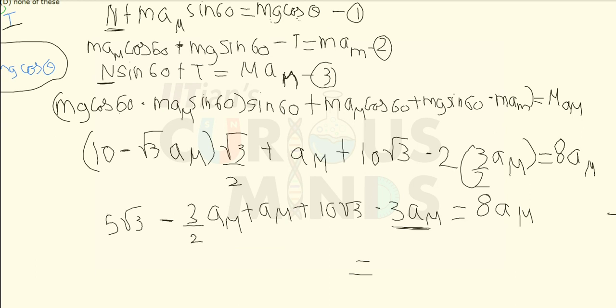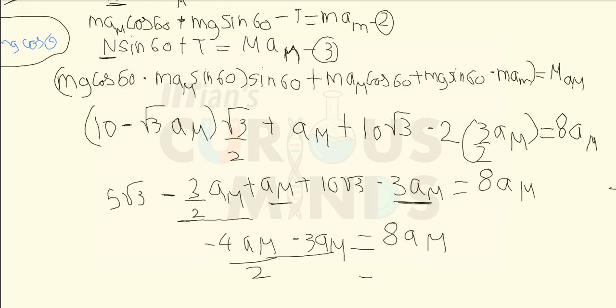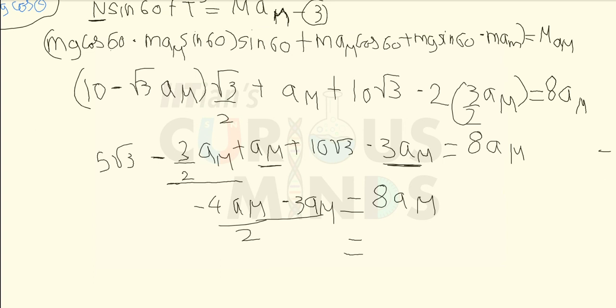Minus 3 A_M plus A_M minus 3 by 2 A_M will be equal to minus 7 by 2 A_M. Now 7 by 2 plus 8 will be equal to 16 plus 7, which is 23 A_M divided by 2. This is the value till now.